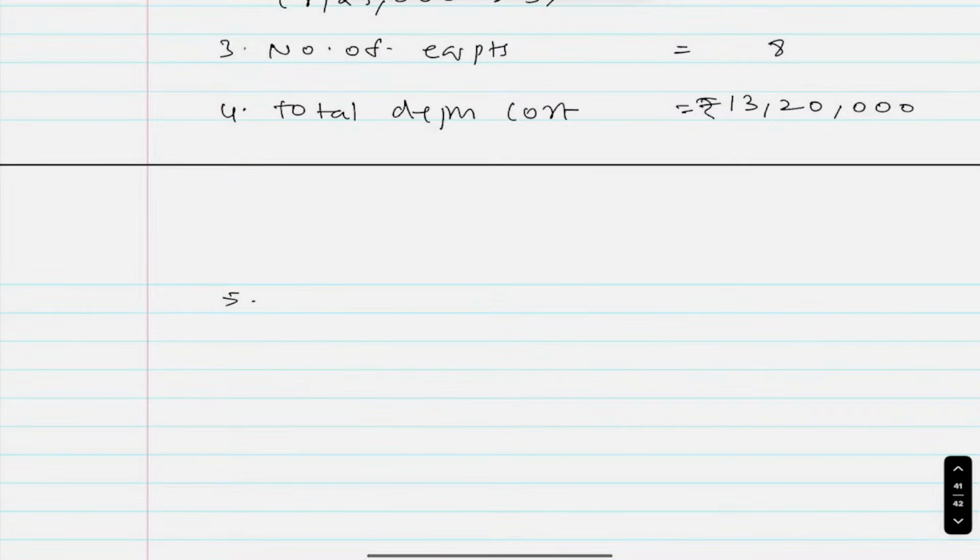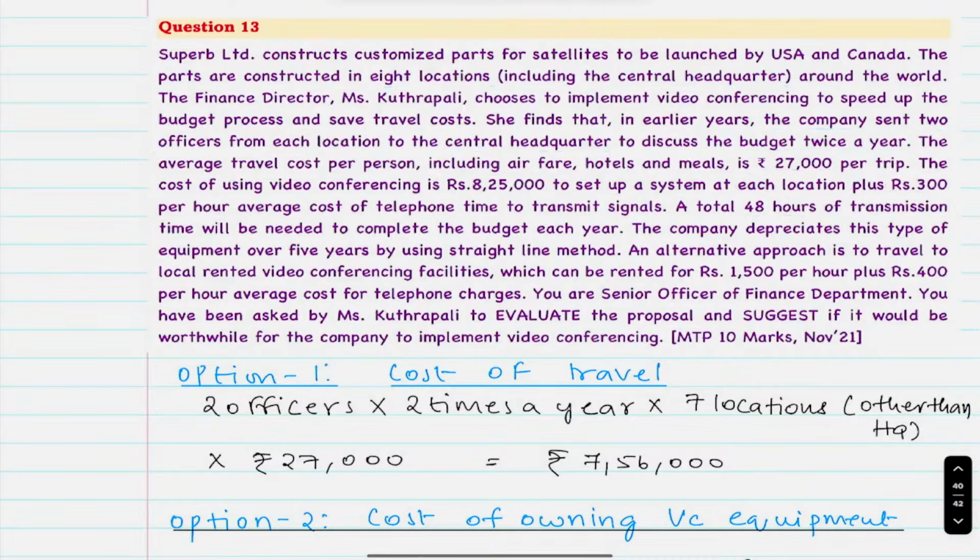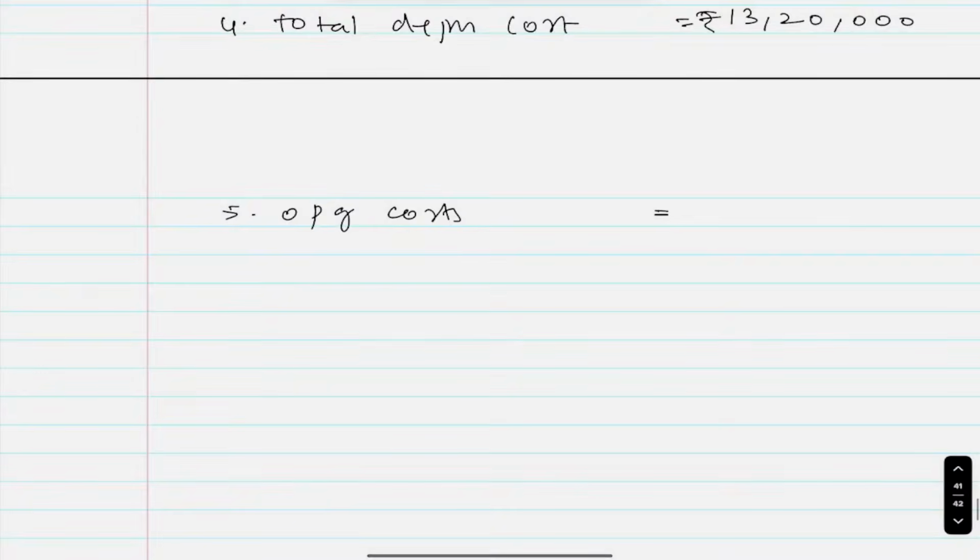Number 5. Operating cost. See the question clearly. They said 300 rupees per hour to transmit the signals from each location. How many locations have we installed video conferencing? 8. From all the 8 locations, the cost will be incurred. Right. Operating cost: 300 into 48 into 8 locations.